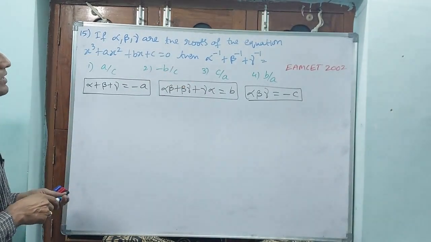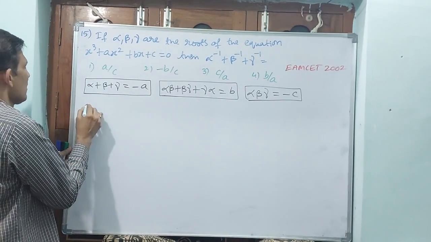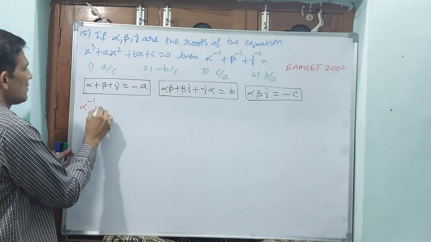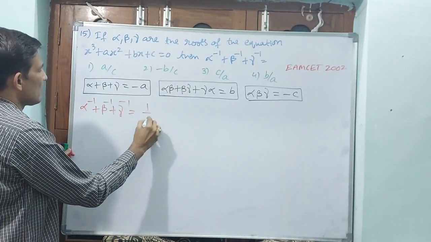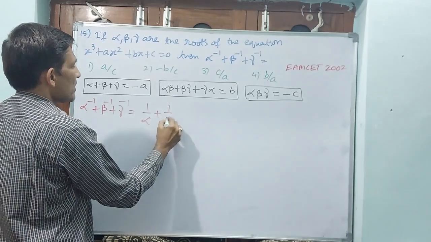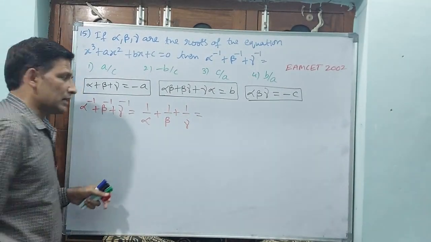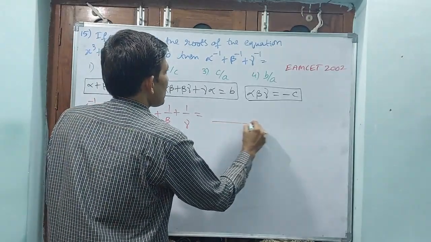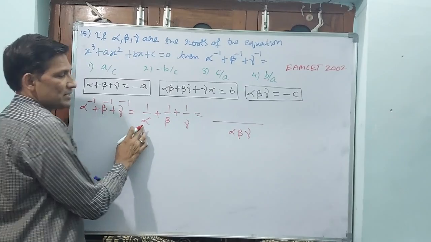Now you go back again. See how I am writing this question first. Observe carefully. Alpha power minus 1 plus beta power minus 1 plus gamma power minus 1 is equal to 1 by alpha plus 1 by beta plus 1 by gamma. Is it okay? Now you see, alpha beta gamma you take as LCM. Alpha is there, beta gamma.